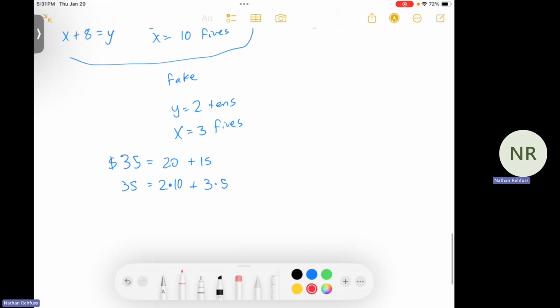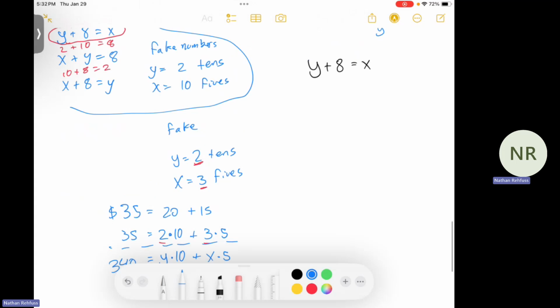Almost there. 2 and 3 were fake numbers. Let's replace them with their variables, and then we'll have the equation. Instead of saying 2 10s, you have y 10s worth y times $10. You have x 5s worth x times $5. And in the real problem, they're not going to be worth 35. They're going to be worth 340.